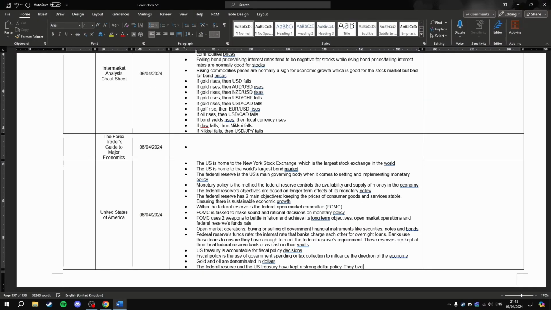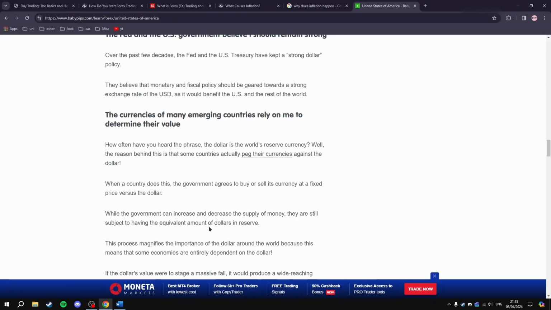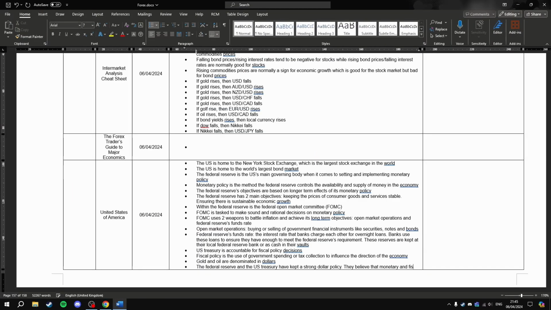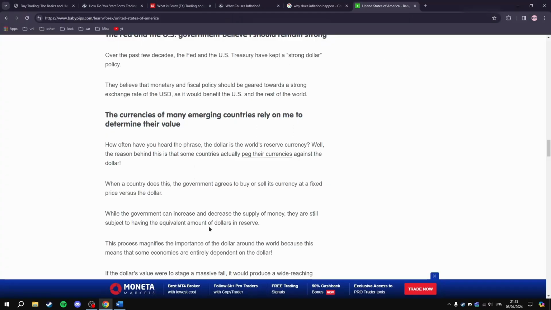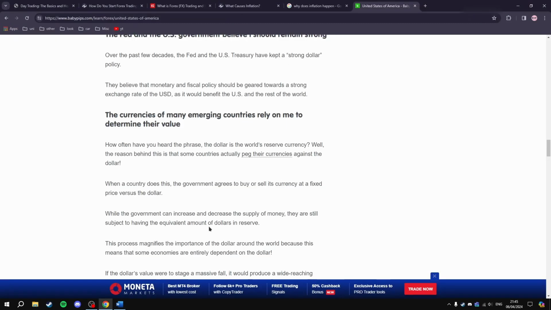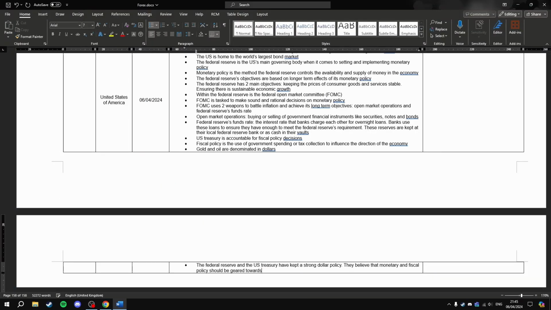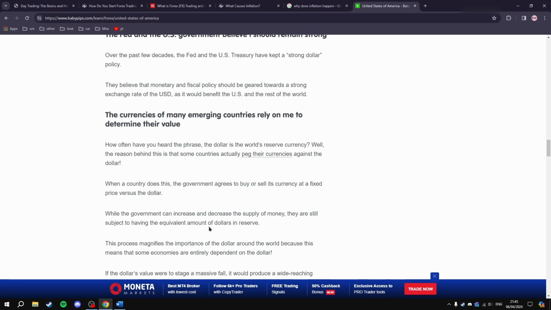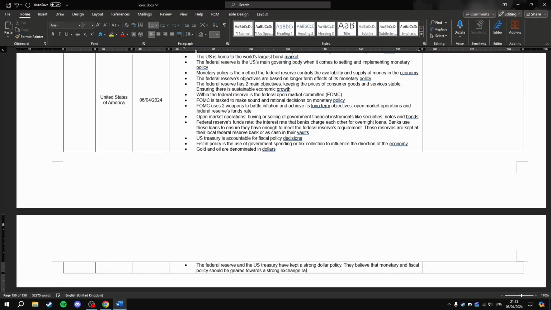They believe that monetary and fiscal policy should be geared towards a strong exchange rate of the USD.